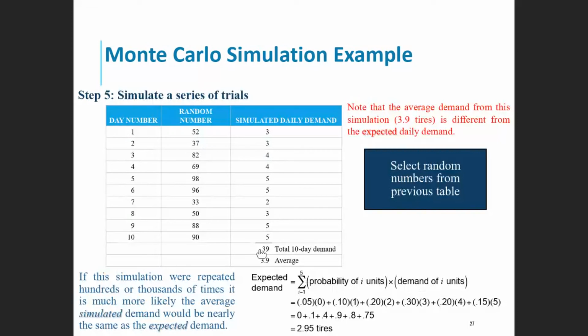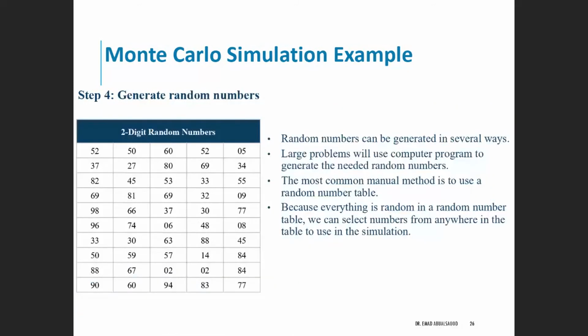Then you get the total at the end. So you add them all up for the 10-day demand, and that will equal 39 tires as the total 10-day demand.